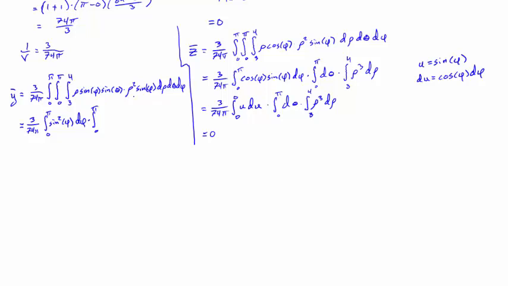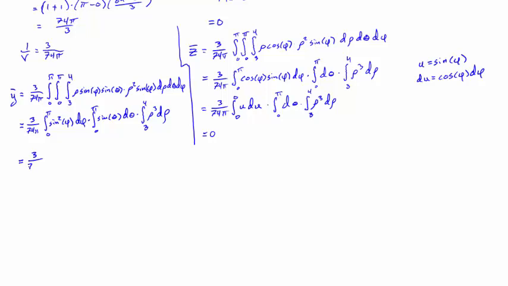The only theta that we have is sine of theta. And now we see when we do the antiderivative, we'll get a cosine, and that's not going to zero out with those bounds. And then times the integral from 3 to 4 of rho cubed d rho.